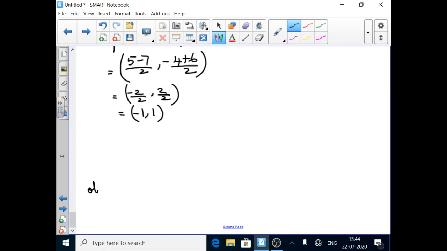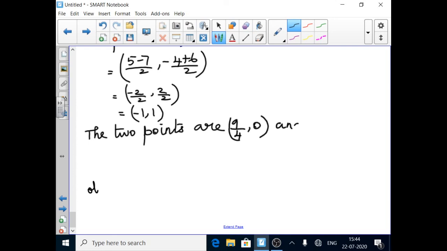So now we are getting the 2 points. So we have to find the equation. The 2 points are, first the point of intersection we found, 9 by 4 comma 0, and minus 1 comma 1.